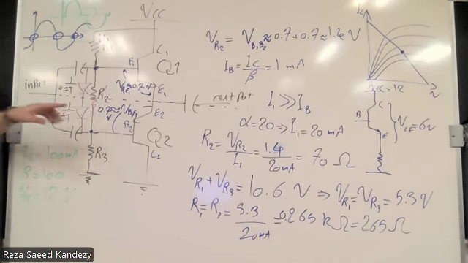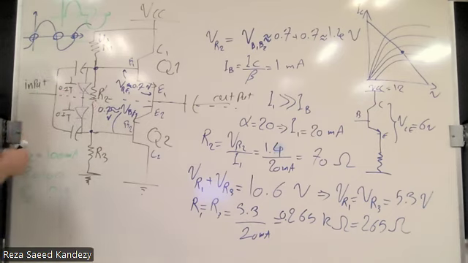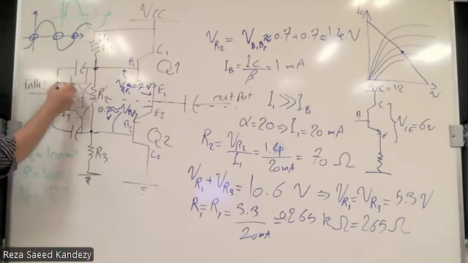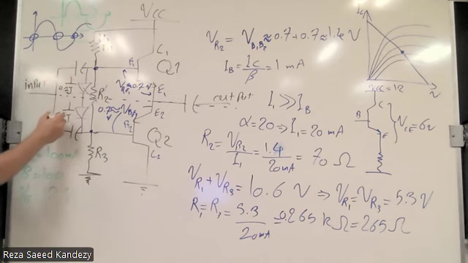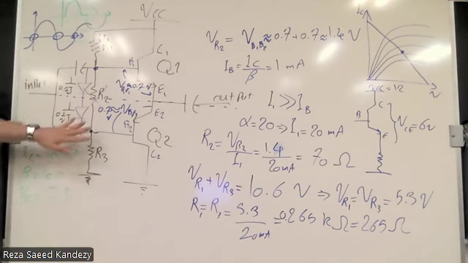Why not? Because we consider this as 0.7 volt. Okay, this is the source, so don't consider that as P, please. We are not going to have exactly 0.7. We said it's going to be near 0.7, so it might be 0.6.